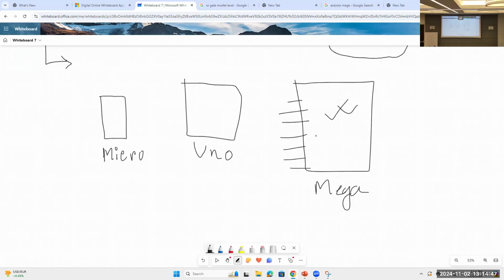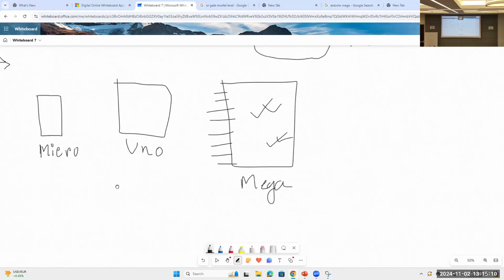Mega has the highest number of input pins, Uno has a smaller number, and Micro has the smallest. So that's why we will be choosing Mega. If you need many input pins and many output pins, then you have to choose Mega.